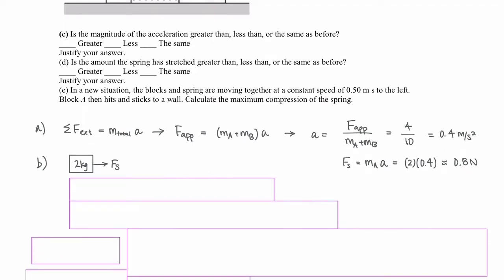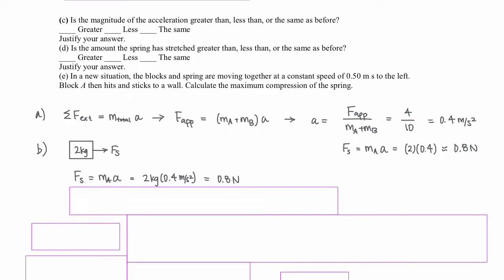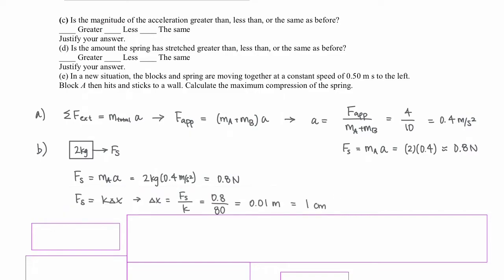So, setting up Newton's second law, we can calculate that force, again, is 0.8, and the force of the spring is also going to be equal to the spring constant times the distance that it's stretched, delta x. So let's rearrange for delta x, which would be the force of the spring divided by the spring constant, and plugging in our values, we get 0.01 meters, which is also 1 centimeter.